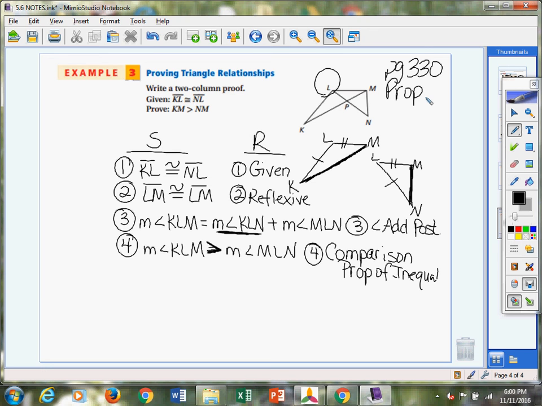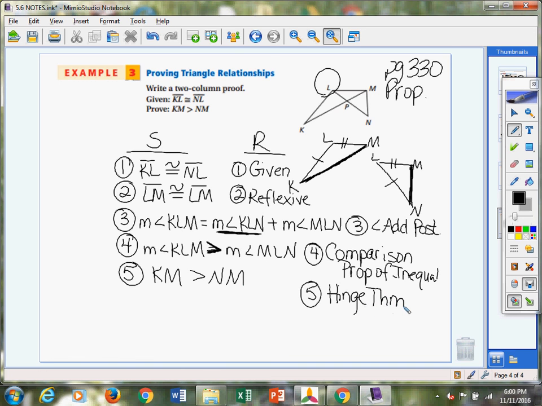Okay? And then step 5, now we're ready. We've proven that angle KLM is bigger than MLN. And so now we're ready to say that KM is bigger than NM. And our reason is the Hinge theorem. We can use the Hinge theorem to tie it in there.